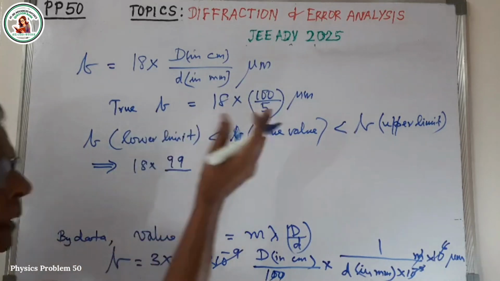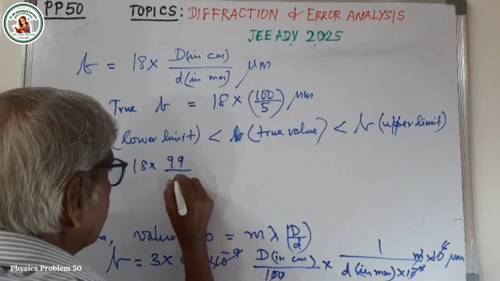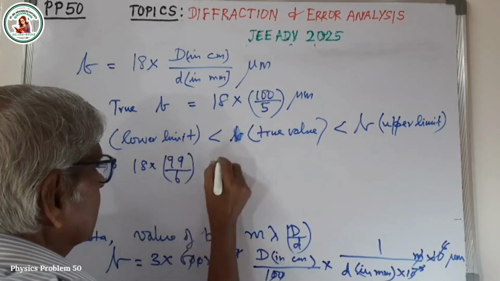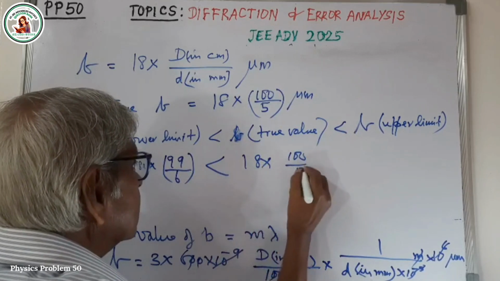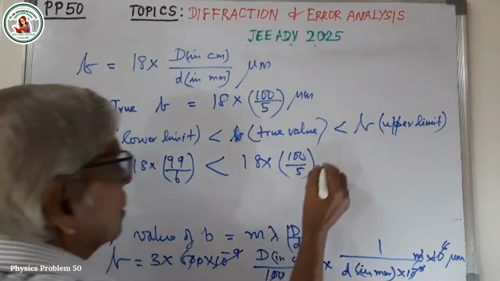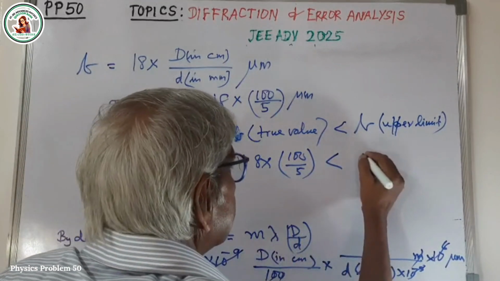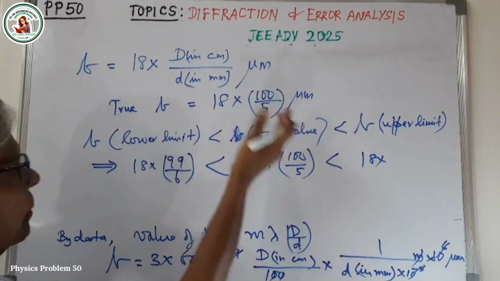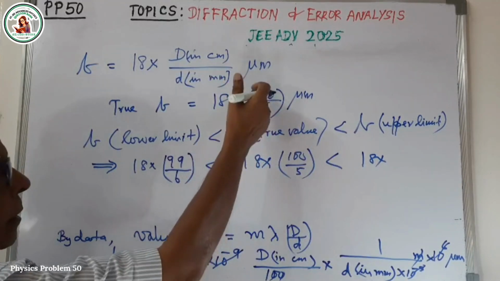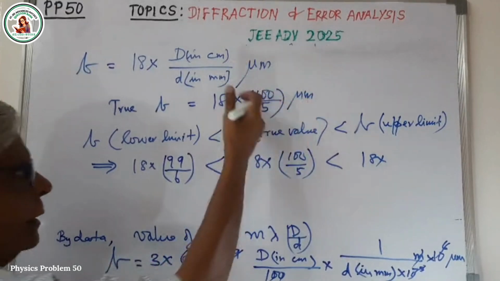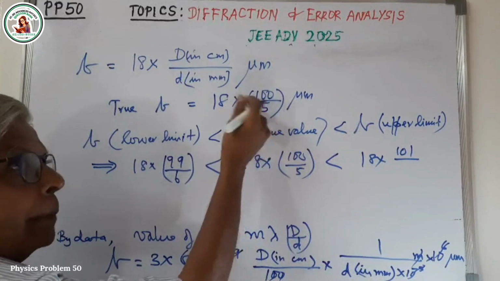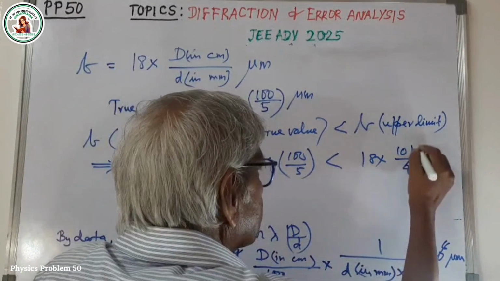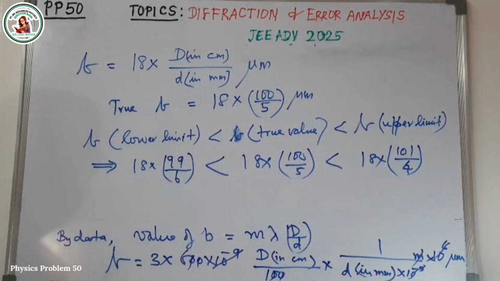A 1 millimeter error means the upper limit can be 6. This is less than the true value, 18 times 100 by 5. For the upper limit, it is 18 times, and we add the error, so the 1 centimeter error becomes 101. We minimize small d, so the 1 millimeter error means it becomes 4. So this is how we get the upper limit and lower limit.